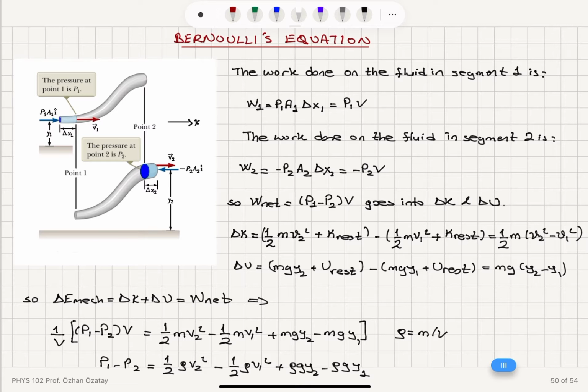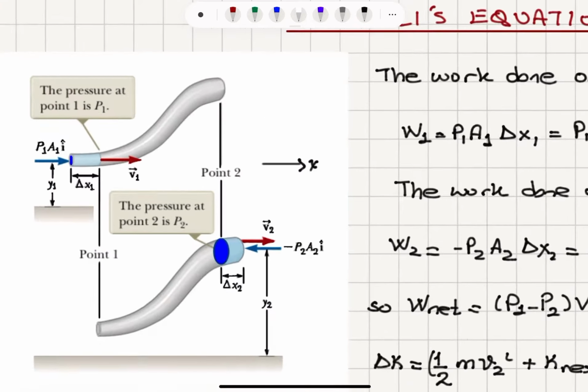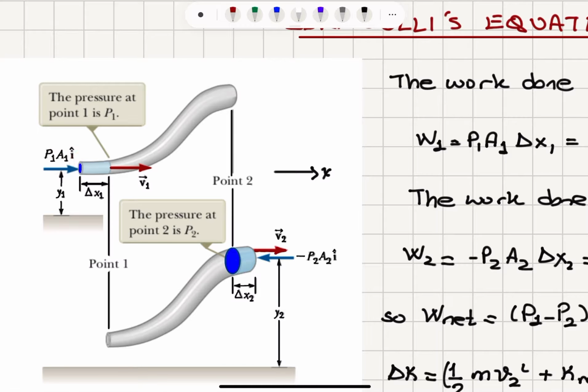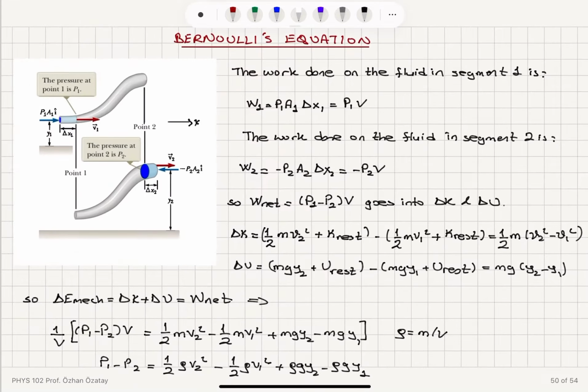Okay, so what is the work done on the fluid in segment 1? We have a force P1A1 i hat, and the fluid particles travel a distance delta x1, so P1A1 delta x1. That's A1 times delta x1, which is the volume here. So that's going to be the pressure at point 1 multiplied by the volume.